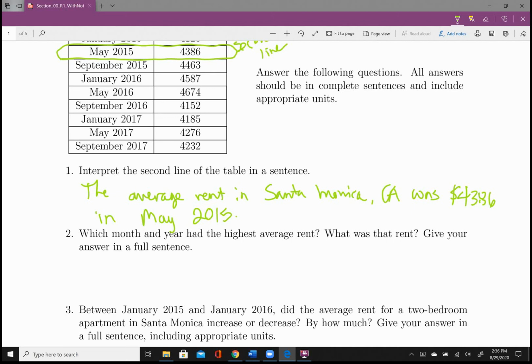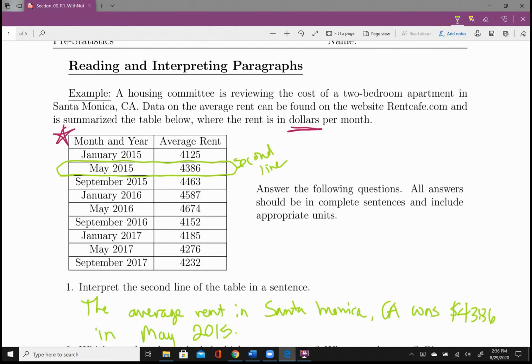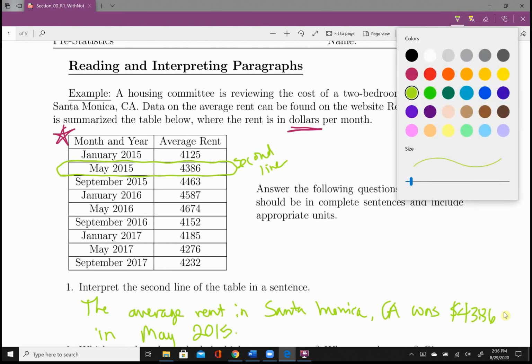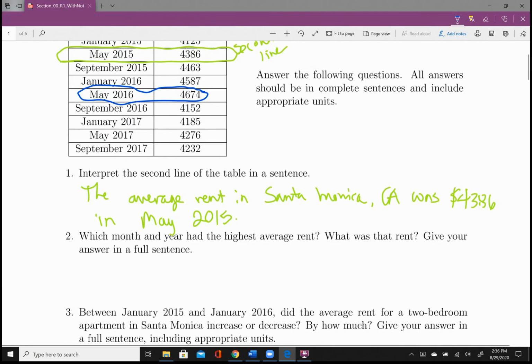Moving on to number two, which month and year had the highest average rent and what was that rent? Give your answer in a full sentence. So we're basically looking in the second column for the largest number that we see. Scanning, scanning, scanning. It looks like the largest number is $4,674, and it happens in May 2016.